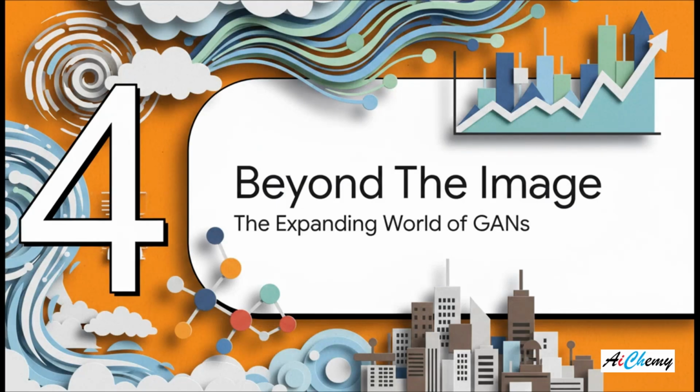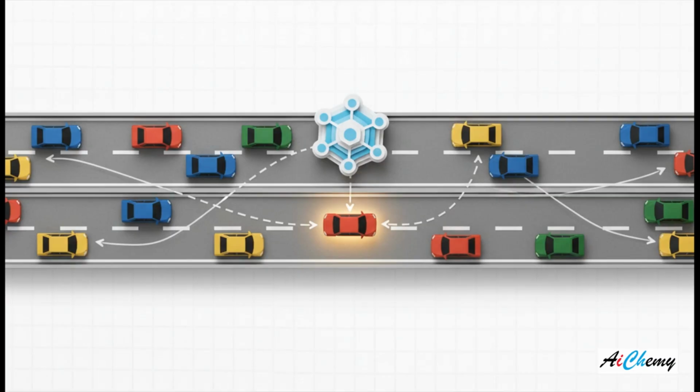Now, while creating these mind-blowing images is what GANs are famous for, their unique ability to model these really complex, real-world patterns has applications that go way, way beyond just art and photos. For example, researchers are now using a special type of GAN to model something incredibly complex and nuanced. I'm talking about human driving behavior.